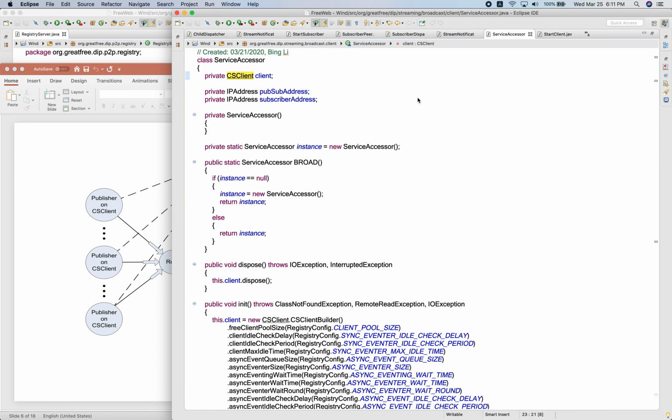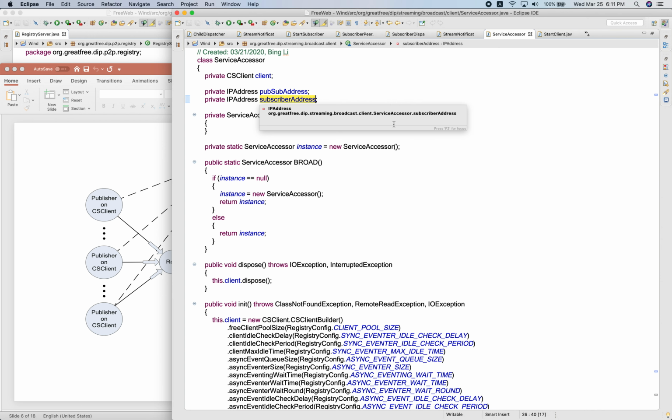This says client. Then some addresses should be here. One is a pub sub address, another is a subscriber address. Using this address, the client can access the subscriber, and this app can know which subscriber can provide a service for this user.